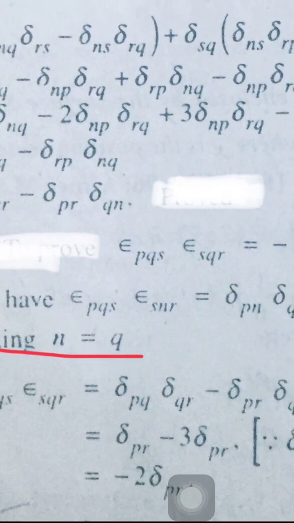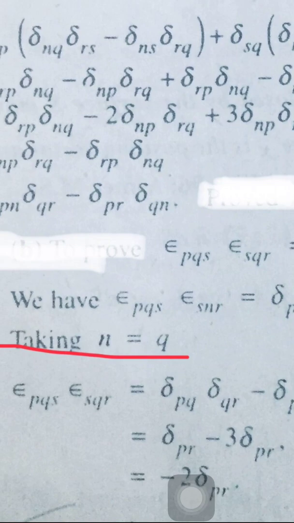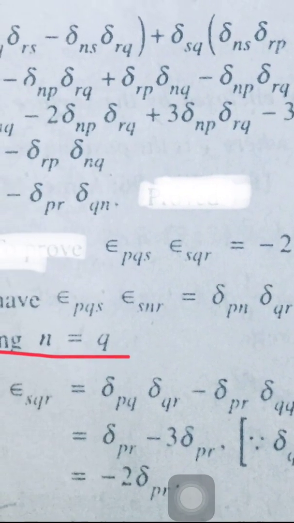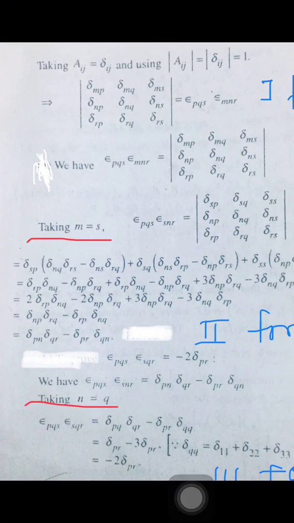So it becomes minus 2 delta PR, by using delta ii is equal to 3 and delta ij equals either 1 or 0 depending upon the indices. So we get this, the third form of the epsilon delta identity in which two contractions exist, and this is nothing but minus 2 delta PR.